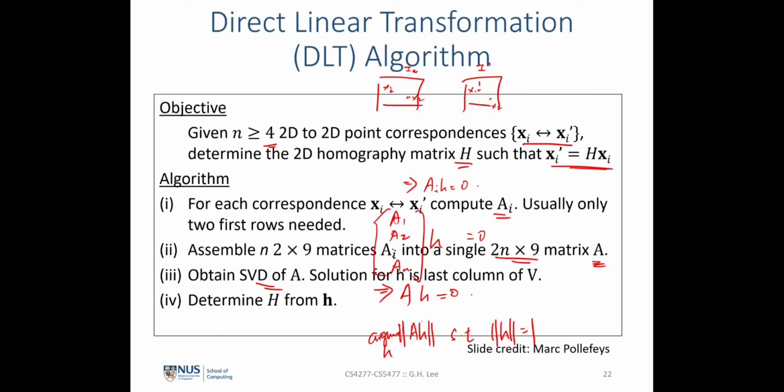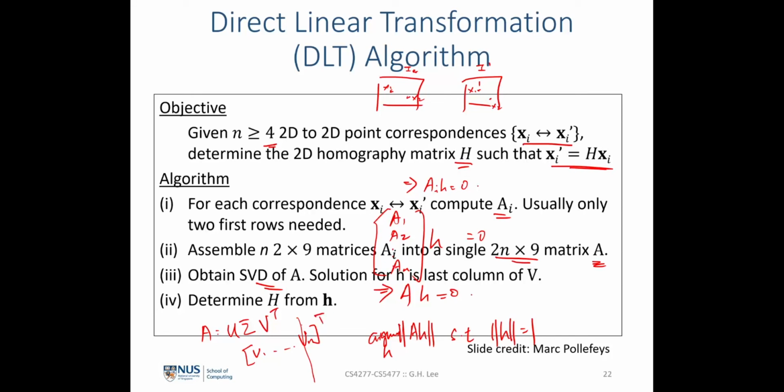We have seen that this can be easily done by taking the SVD of A, such that we get the left orthogonal matrix, the singular matrix, and the right orthogonal matrix. The solution of h will correspond to the vector in the right singular matrix that corresponds to the smallest singular value. In this case, I denote this as Vn.